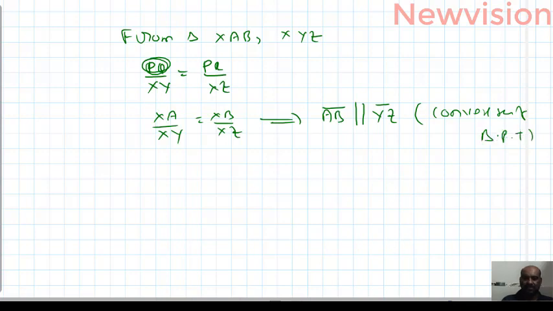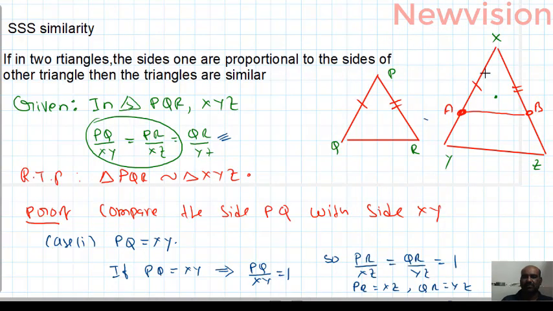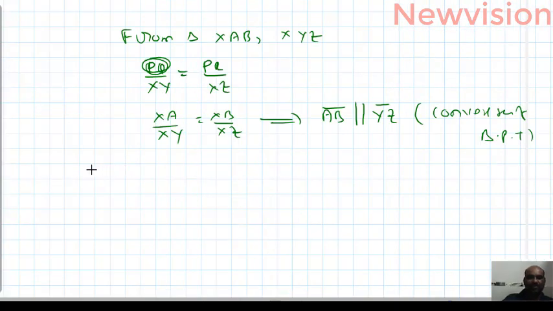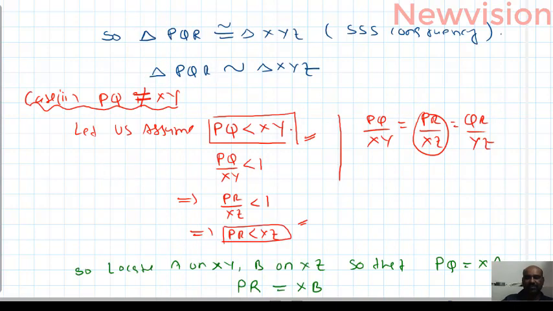Okay, I want to show you. So XA by XY equal to XB by XZ means automatically this is parallel to this. If this is parallel, directly this angle equals this angle and this angle equals this angle, and XAB is similar to XYZ. I will write that. So I want to write the angles first.